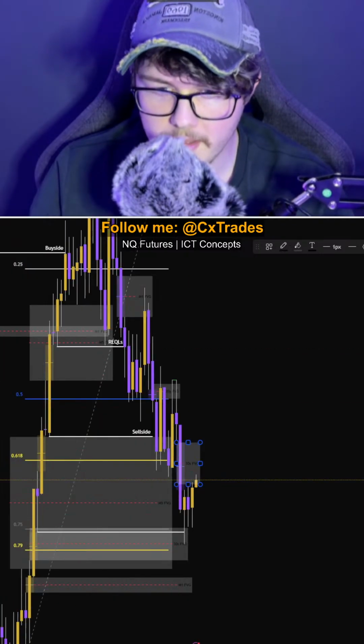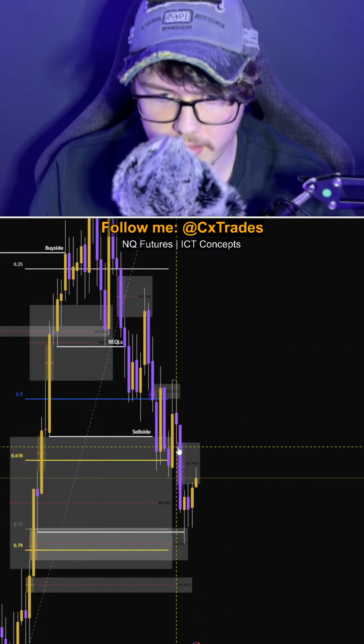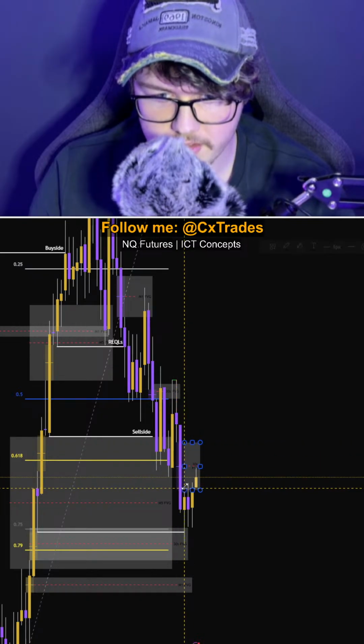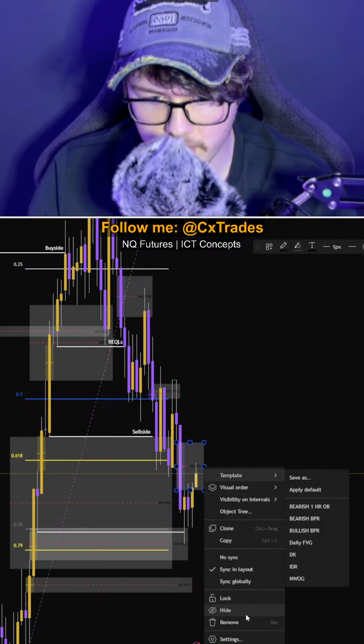Is there an M1? I bet there's an M1 too. Okay, so there is an M1 too. So you want to wait for the M1 to close. There is an M1 rather than 30 seconds.